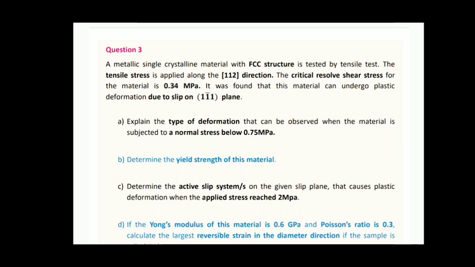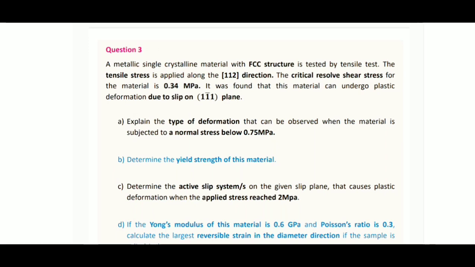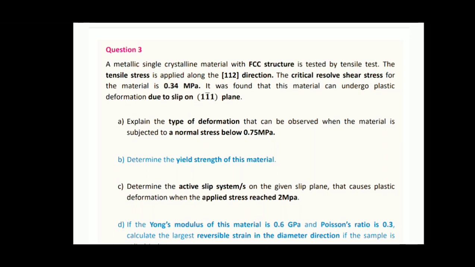That causes plastic deformation when the applied stress reaches 2 megapascal. If the applied stress reaches 2 megapascal, then which slip systems will be active, and hence in which directions the material will be deformed. So we have to determine that.